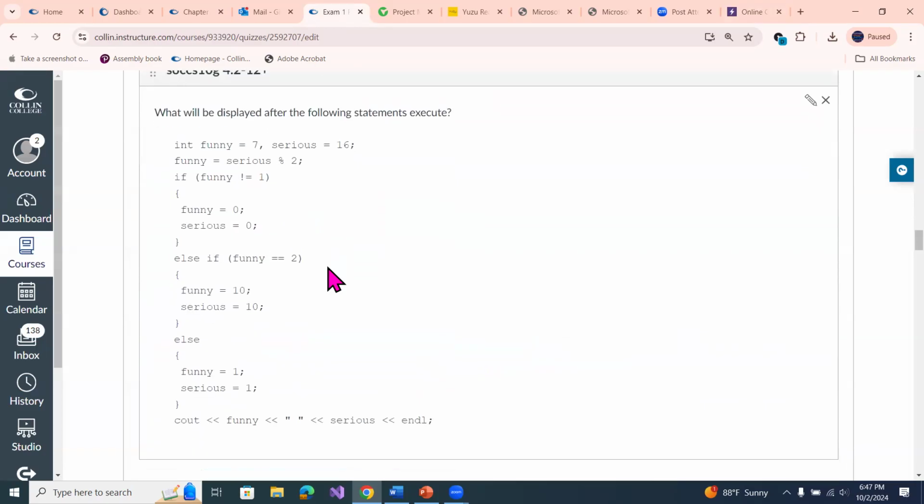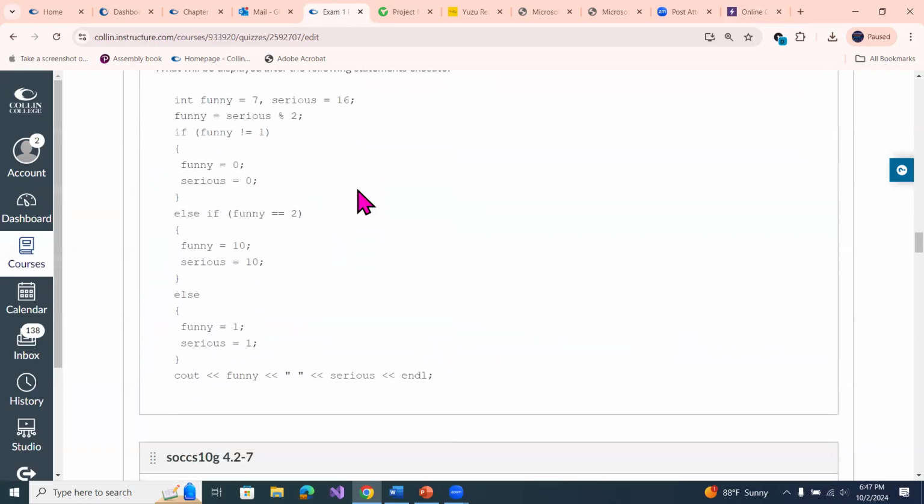What will be displayed after the following statements execute? So here you need to know what percent does. Here it's 16 modulus 2. What that does is it gives you the remainder. 2 goes into 16 8 times evenly with a remainder of 0. 8 times 2 is 16, remainder 0. So funny is going to have the value of 0.